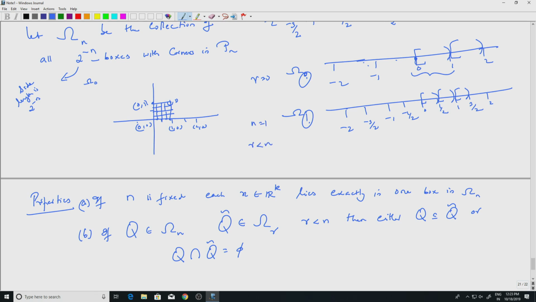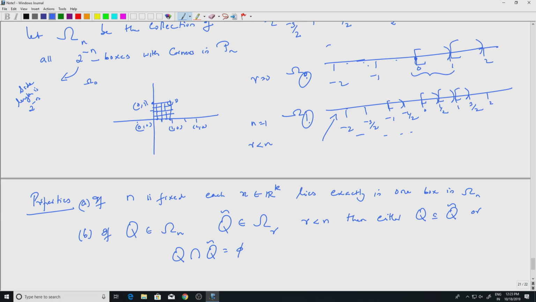What this says is, if I take any box from here, let us say this interval, this will of course be contained in one of the intervals here, or it is disjoint from any of these intervals. That is because the intervals here are obtained by dividing the intervals in the previous level.